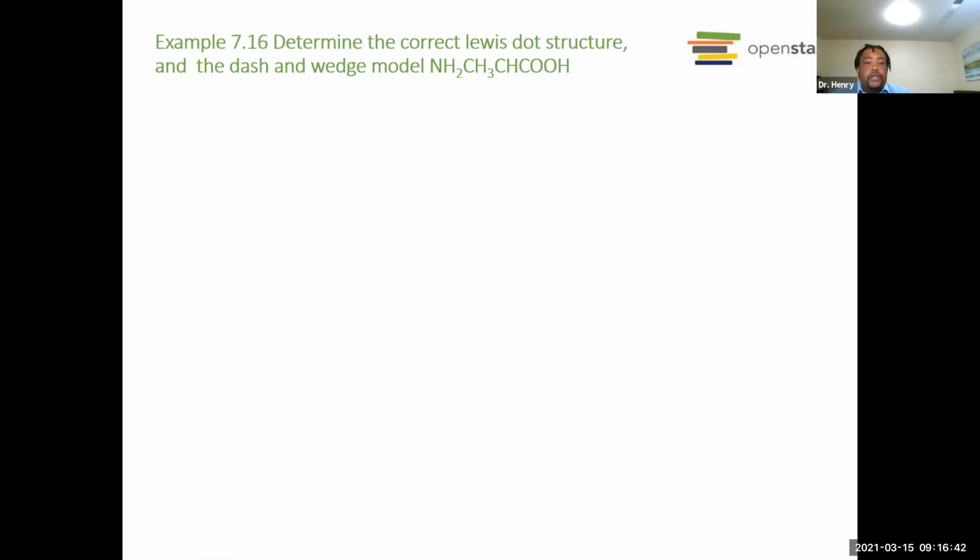Now, occasionally we'll have to do things that are a little more complicated, right? Let's say we have this, which is basically an amino acid. Looks like a hot mess. But the way that it's written tells us how to write it. Here we have this nitrogen, NH2, with two hydrogens. It's attached to this carbon, and that means there's going to be a lone pair there to make it complete.